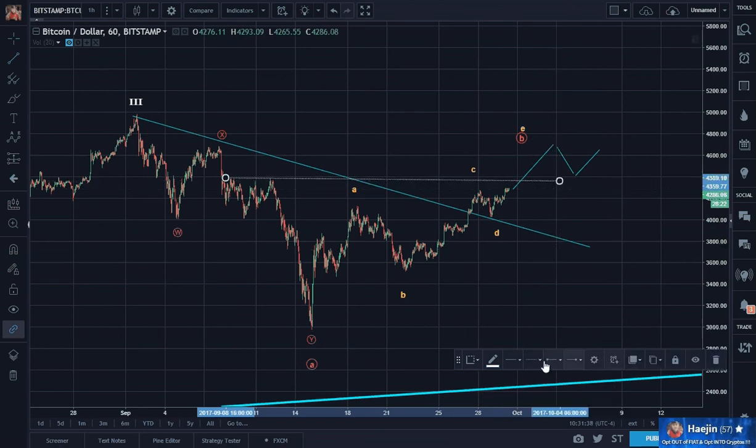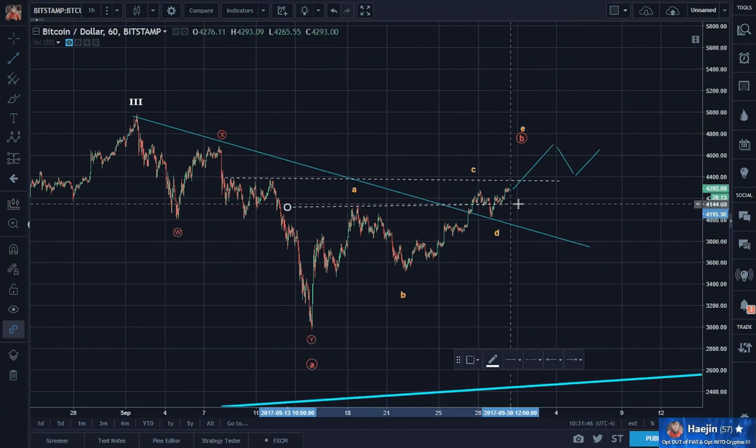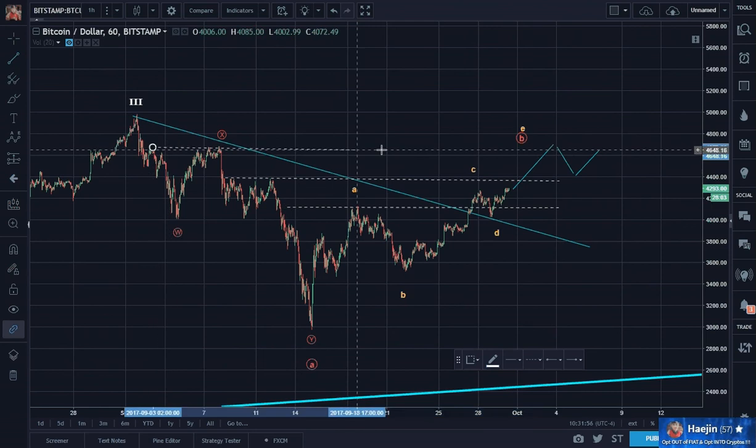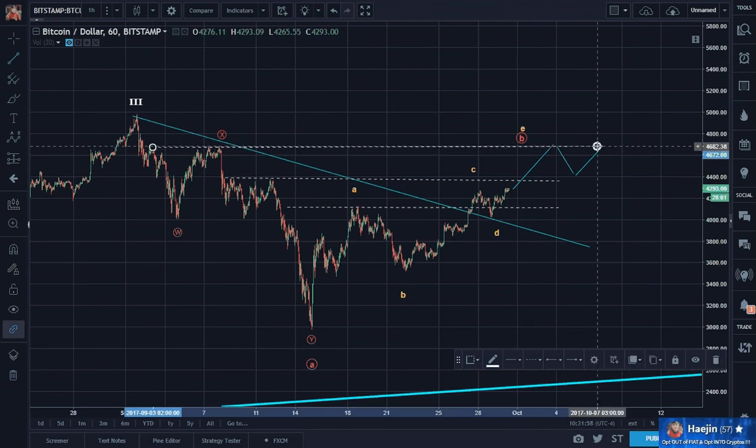Boom, one's right there. Another buy entry could be right there using this support region. I would use this resistance for another ladder rung in the ladder, R-U-N-G, rung.